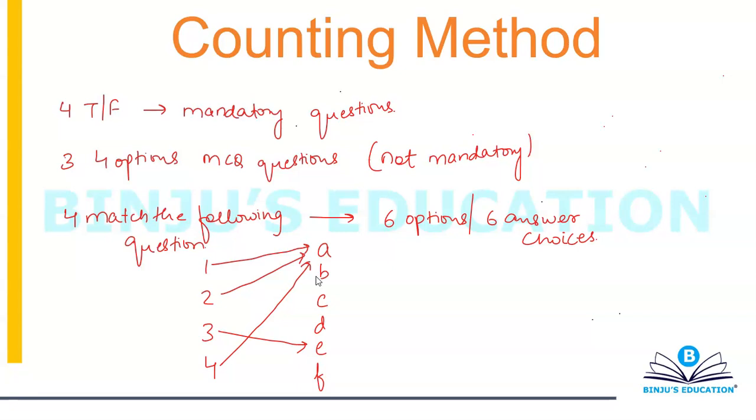The question is, in how many ways can an aspirant mark the answers to these 11 questions? So pause the video, try it yourself, then play back the video in order to understand how to solve this question. Okay, take your time.